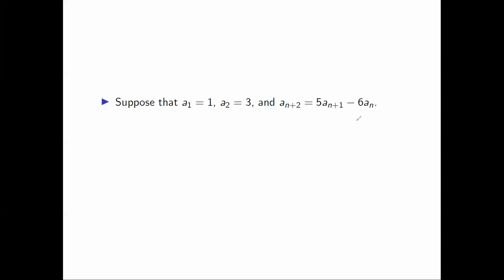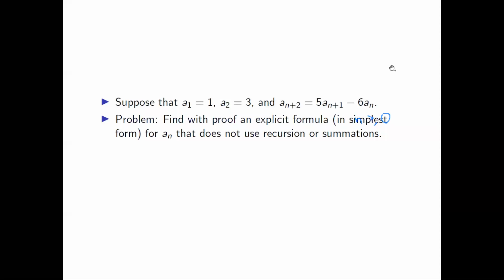And this is for n greater than or equal to 0. And here's the problem. Find with proof an explicit formula in simplest form for a sub n. Find a formula that does not use any recursion or summations. So find the simplest possible formula for a sub n.